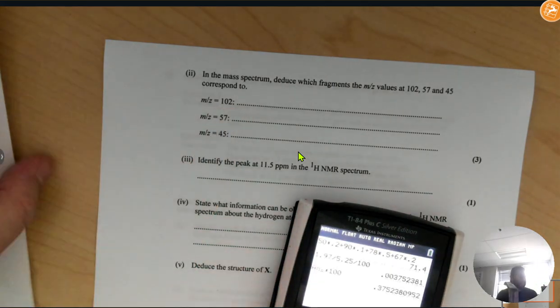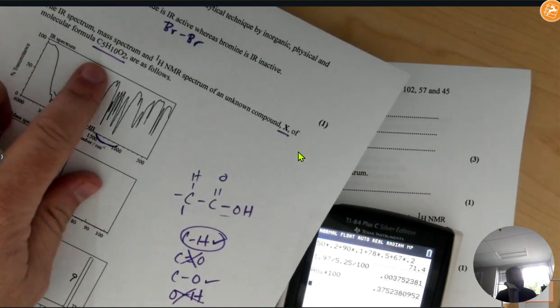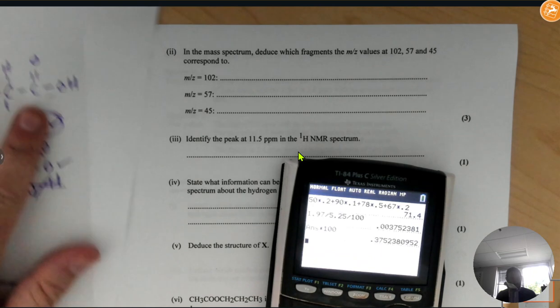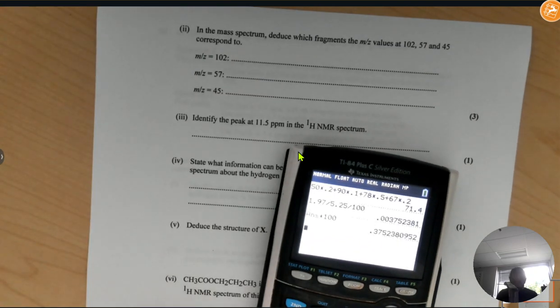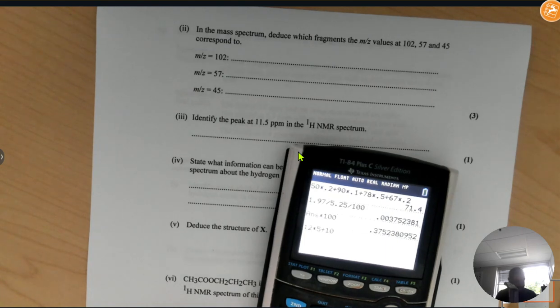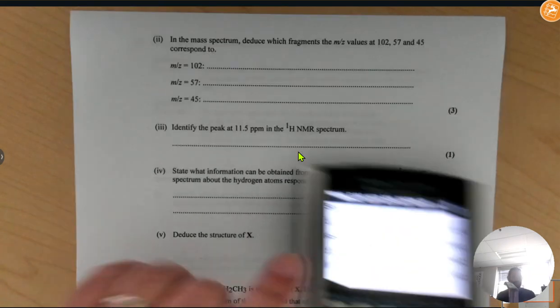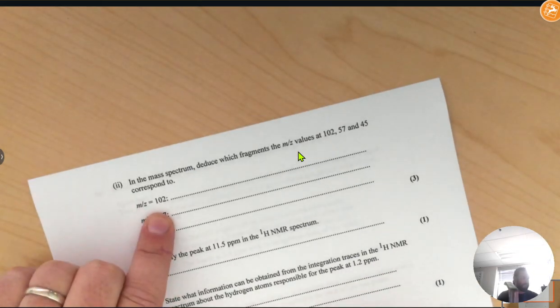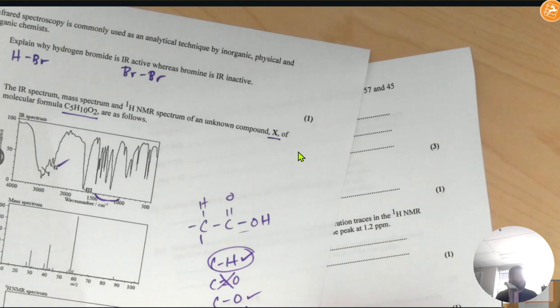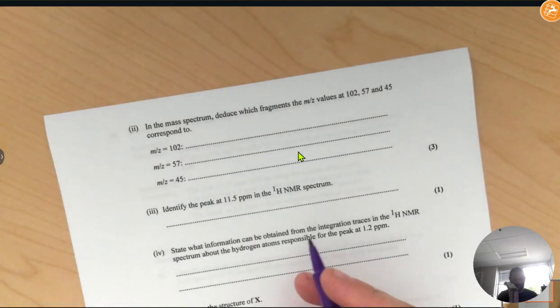We were told that the molecular formula was C5H10O2, so we can test that theory. 12 times 5 for the 5 carbons, plus 10 for the 10 hydrogens, plus 32 for the 2 oxygens, gives me 102. So that is indeed the mass to charge of the entire compound. The entire compound is C5H10O2.